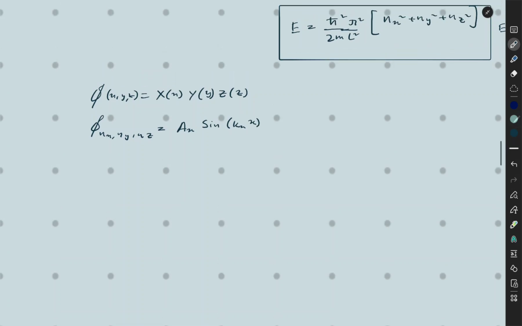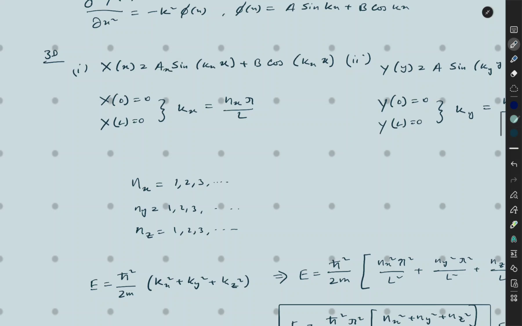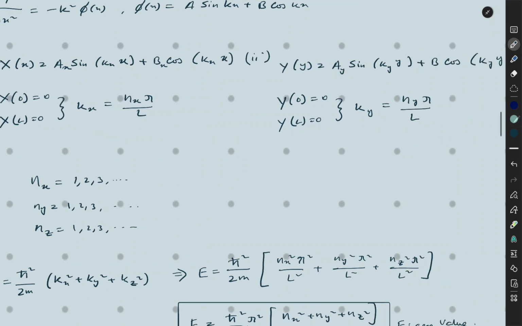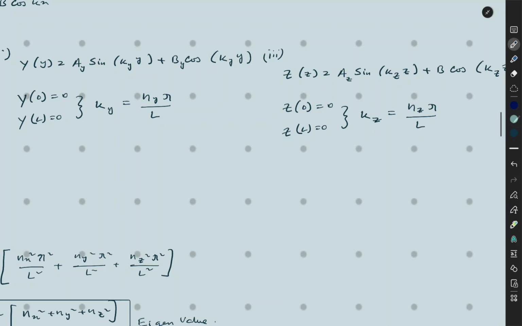So here we are considering ax, so let us just write ax over here to avoid confusion, and then bx, and here ay, by, then here az and bz.